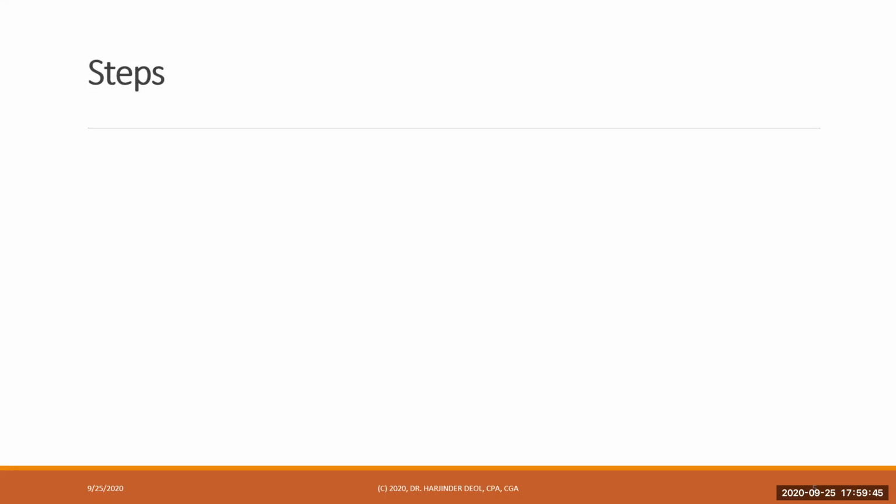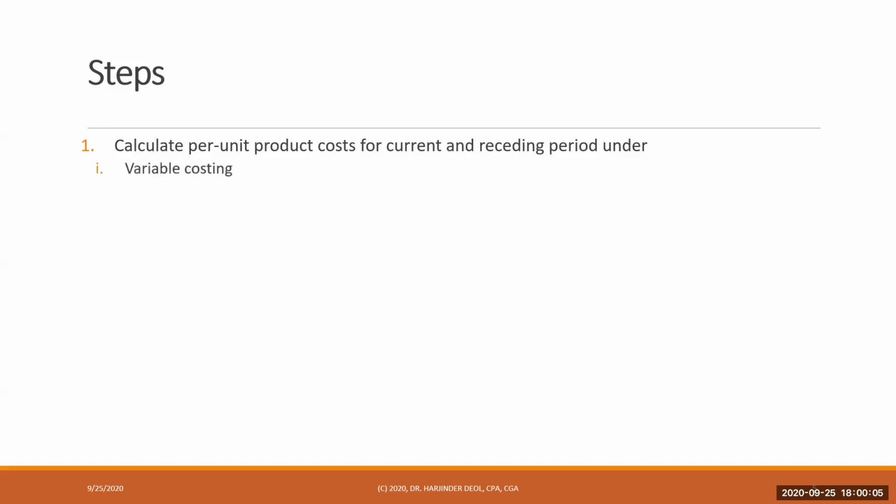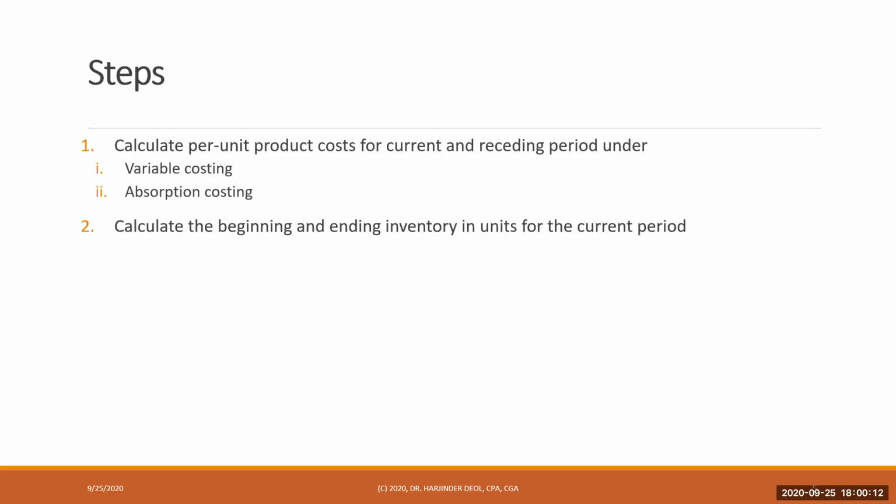Now, in a typical problem that we will encounter in this chapter, the steps that you should be keeping in mind are: you should begin with a calculation of per unit product costs for the current and preceding period under variable costing and absorption costing. You should next calculate the beginning and ending inventory in units for the current period.